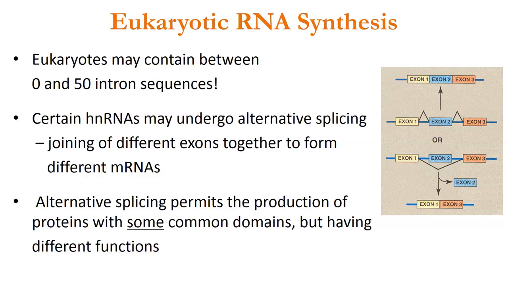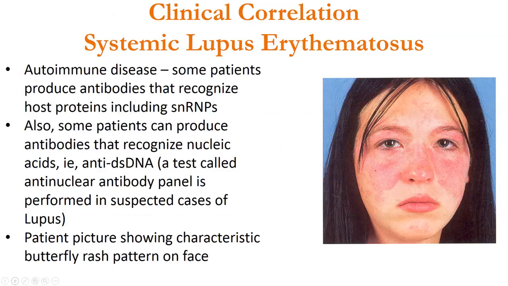They may do things a little different. So you can join different exons together, and that actually allows us to get multiple different protein products from a single DNA sequence. But surprisingly, humans had much fewer genes than we originally thought, and this kind of explains part of the reason.